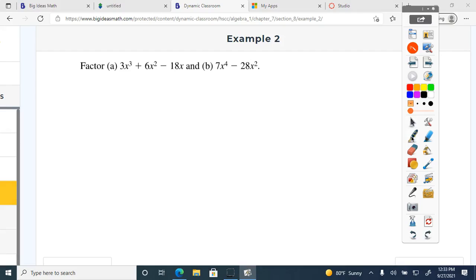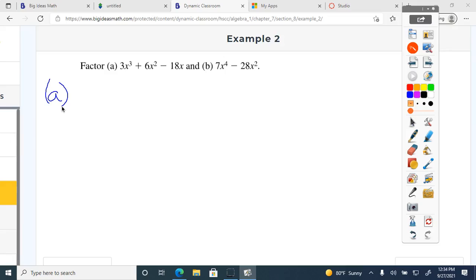Factor. Again, do you see any equals? No, because we're just factoring. So for A, what do you look for first when you're factoring? A common factor. What will go into both of them? So 3, 6, and 18.